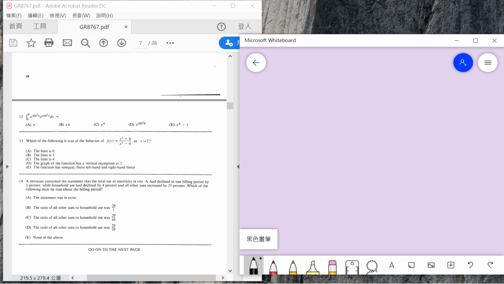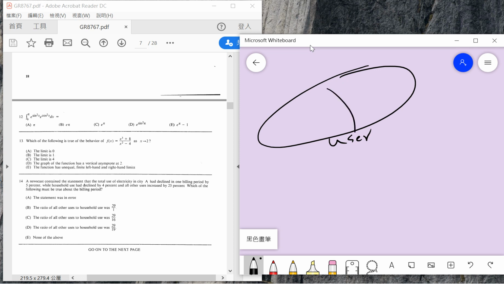So basically, let me explain. Suppose this is all the users. So basically, we have household and others.